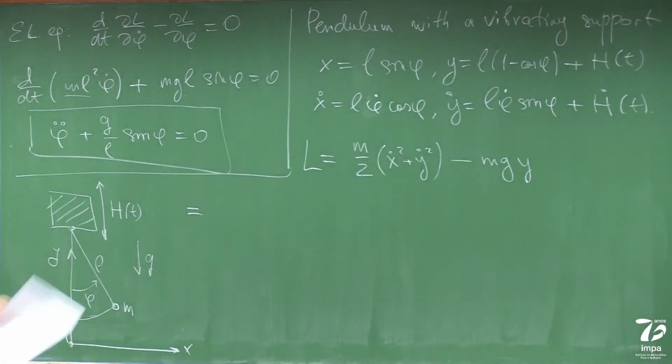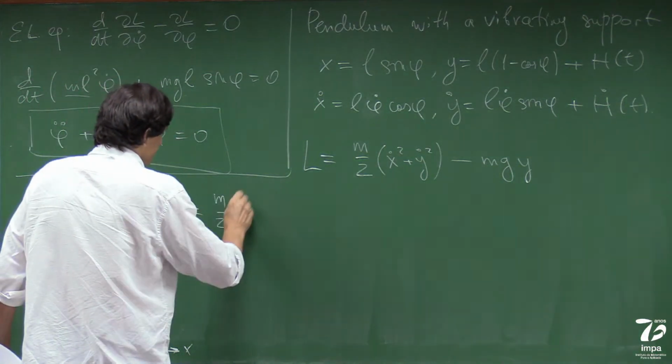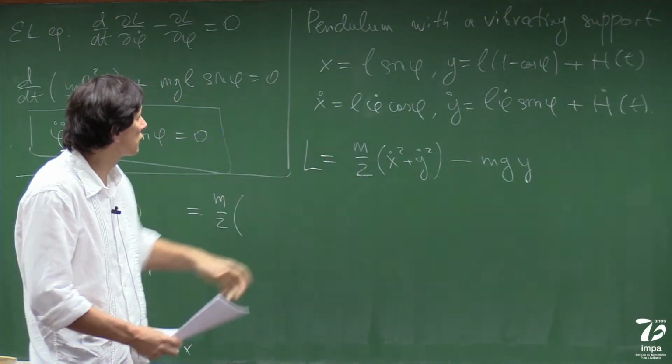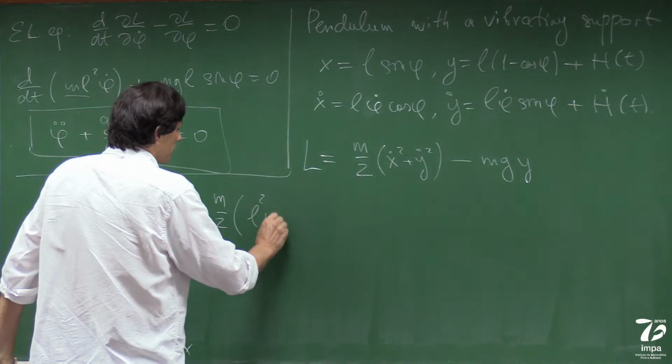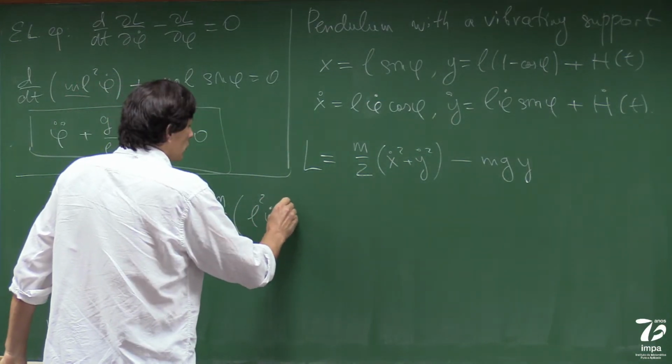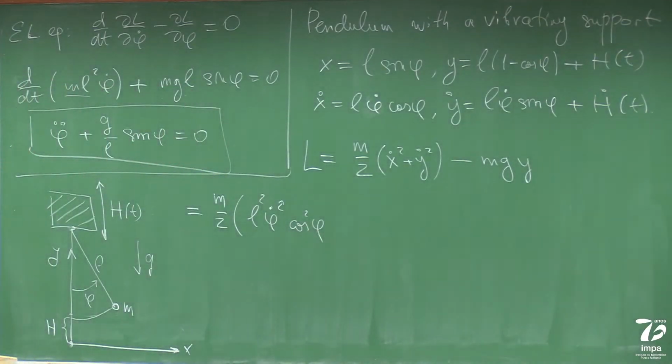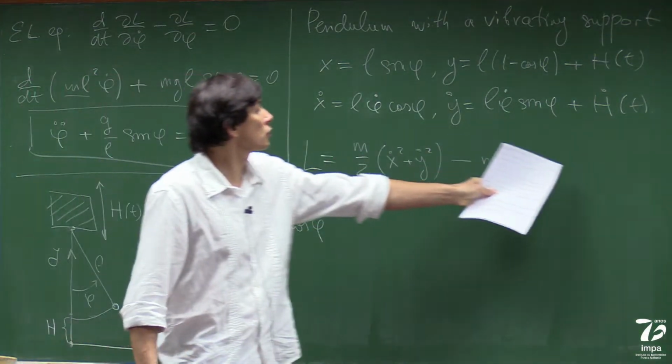Now we put everything inside. So this is m over 2, and I will open the squares. The x dot squared will be L squared psi dot squared cosine squared psi, plus this term squared.